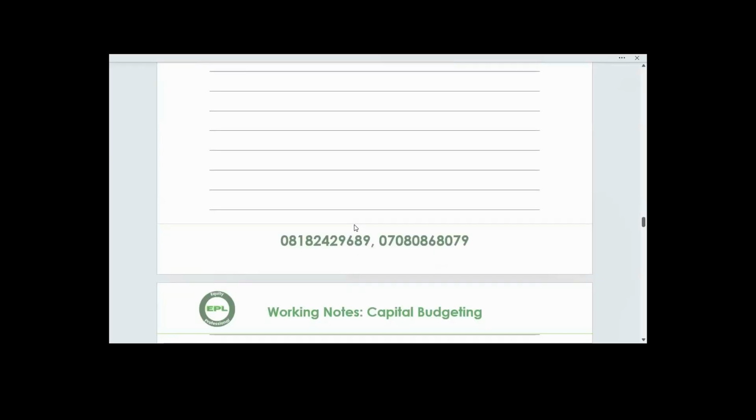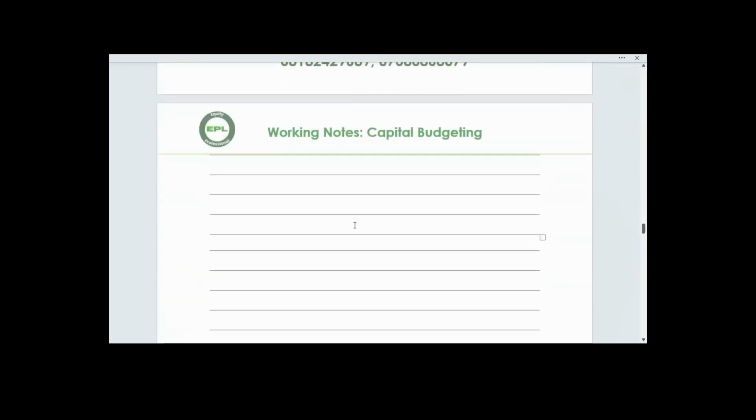So I will use this page for payback period, NPV, then internal rate of return. My working will start here. So, working. Now, I need to bring up all relevant variables. Let's be fast a little bit so that we can complete within time.